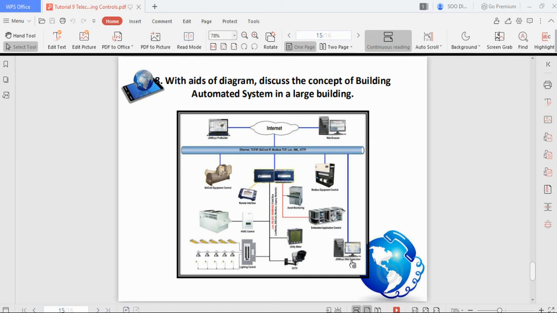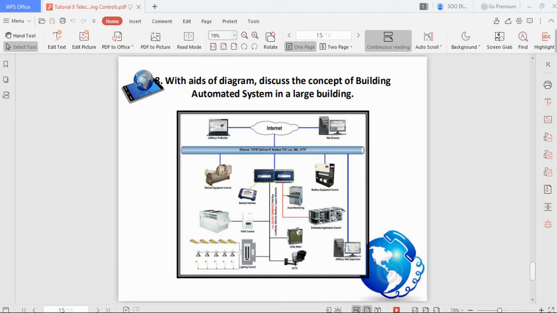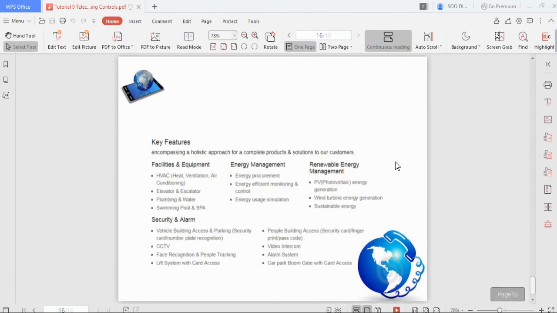But now since technology has advanced and become so cheap, we are using the internet to control all the building services devices in the building. This is the diagram of how, with just a computer and a transmitter and receiver for all this equipment, we are able to control them from a single computer. These are the set features of what should be controlled by the property manager.